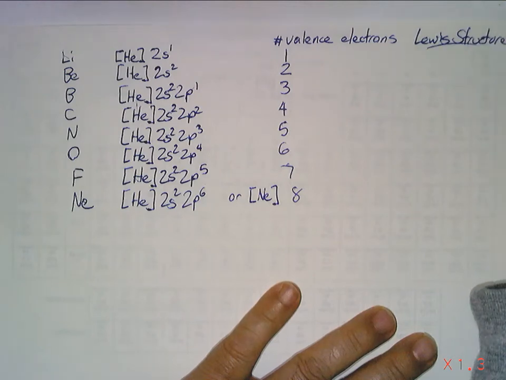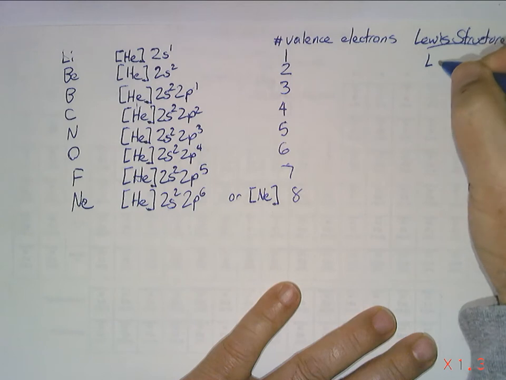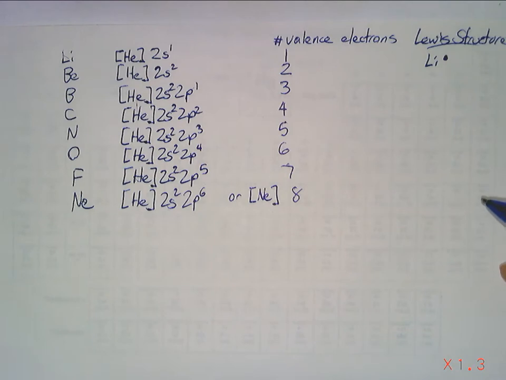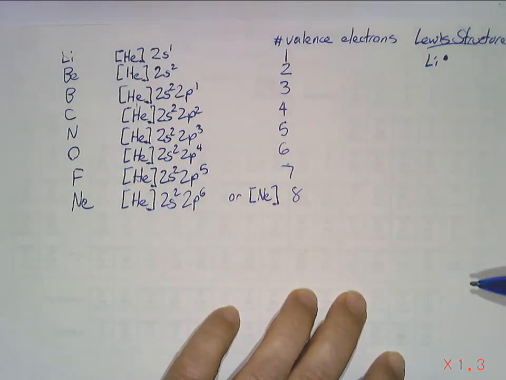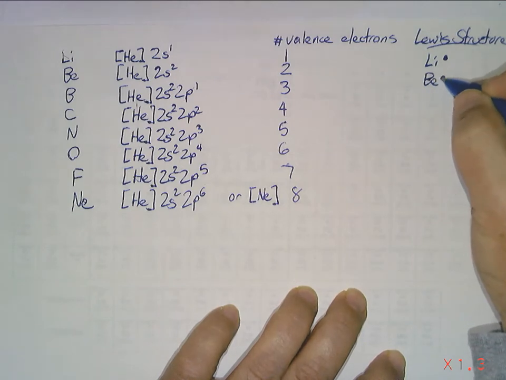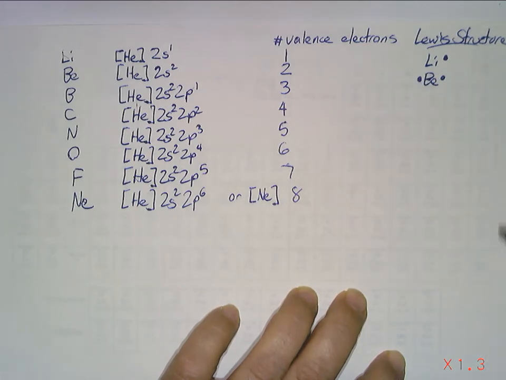for each of these atoms. And what I'm going to do is write down the symbol for the atom, and then I'm going to put a dot there, and that stands for a valence electron. So there's 1 dot next to the Li. If I do the Be, I can put 2 dots around that. And it doesn't really matter where I put the dots.